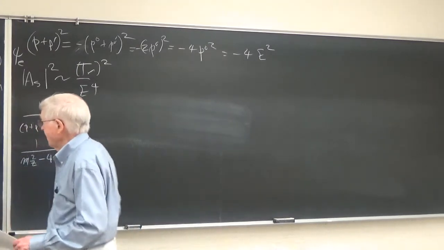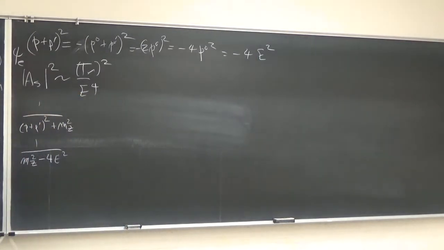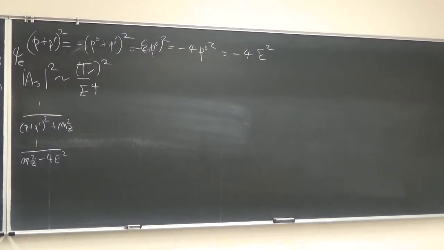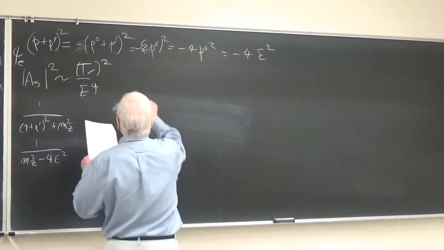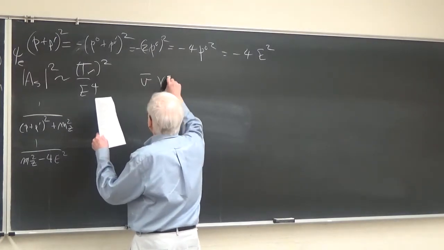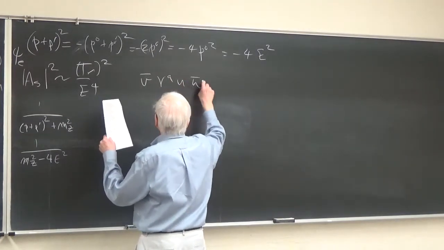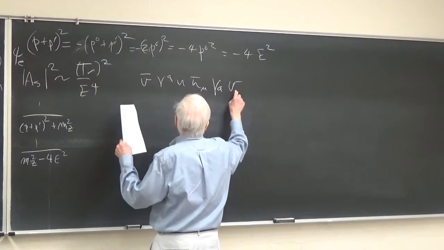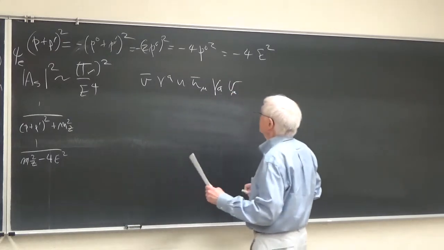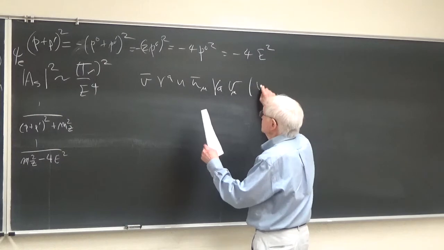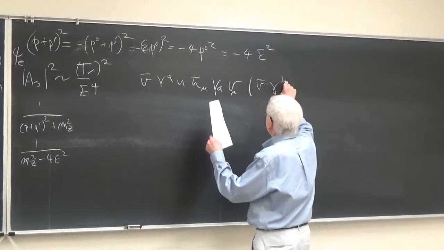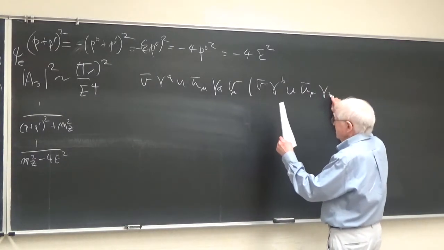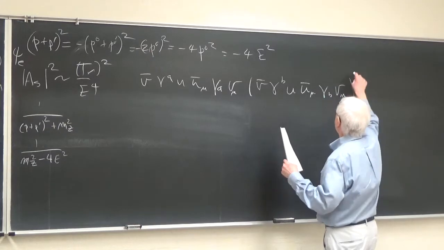We have to take the absolute value squared of that, and in particular, if we look at the first term, the electron term, this is the muon term then. What we have is V bar gamma A U, U bar muon gamma A V muon, times the complex conjugate, which is V bar gamma B U, U bar muon gamma B V muon, complex conjugate.